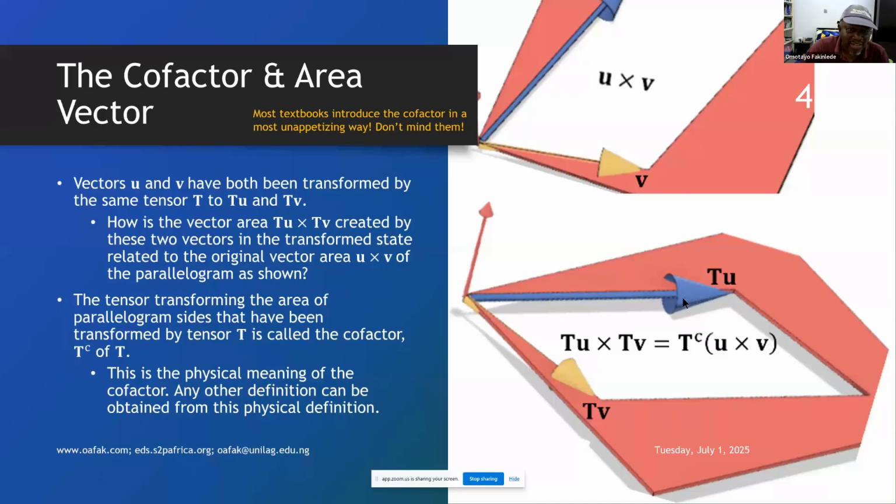How is the vector area tu cross tv created by these two vectors in the transformed state related to the original vector area u cross v of the parallelogram as shown? The tensor transforming the area of the parallelogram sides that have been transformed by t is called the cofactor. That is the definition of the cofactor. This is the physical meaning of cofactor. Any other definition can be obtained from this physical meaning.